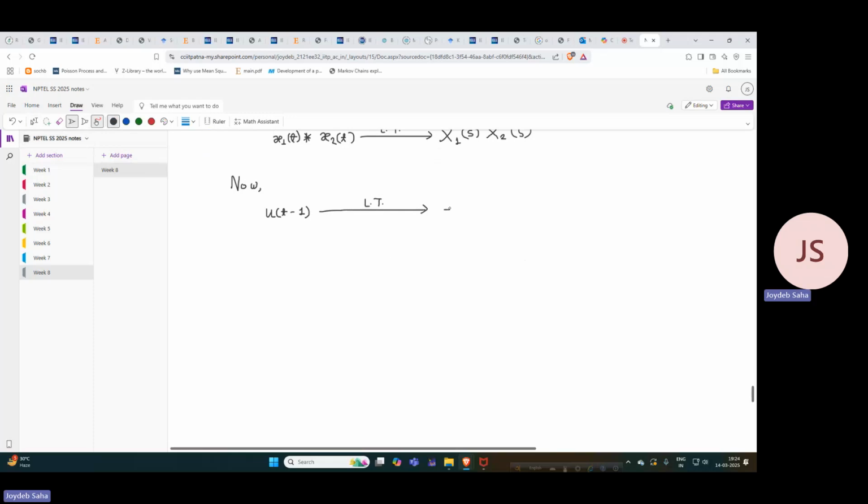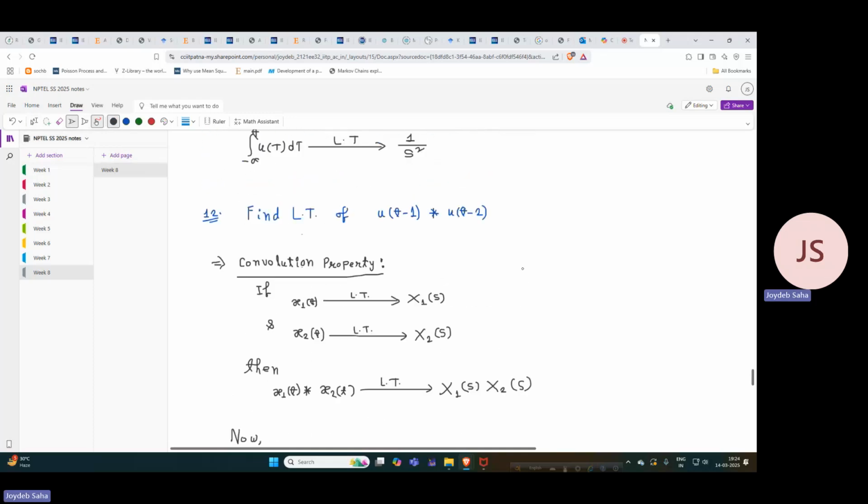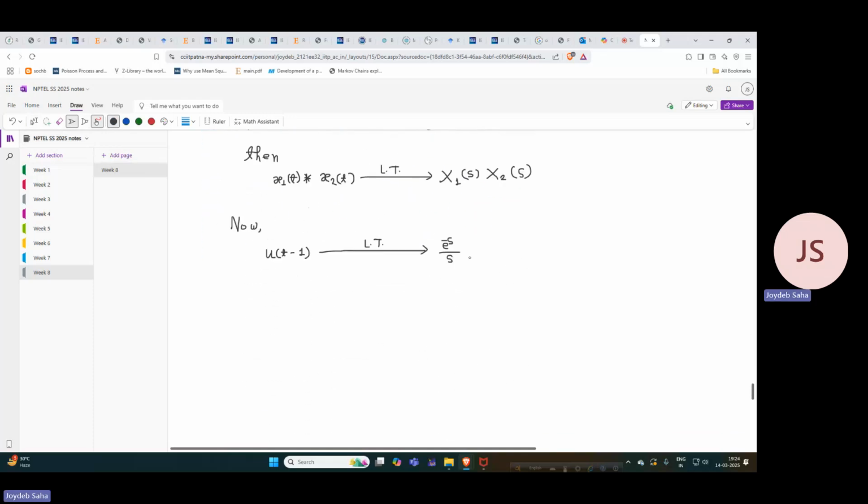That is e to the power minus s upon s. We have already solved in previous examples. And u of t minus 2, right?